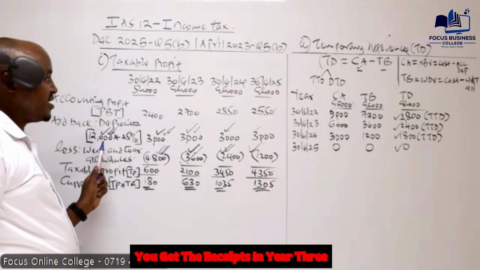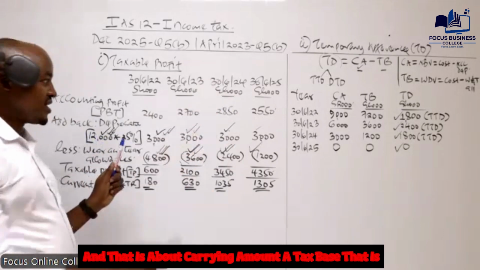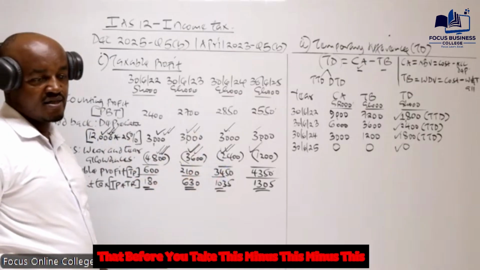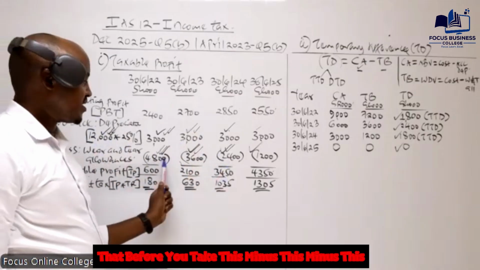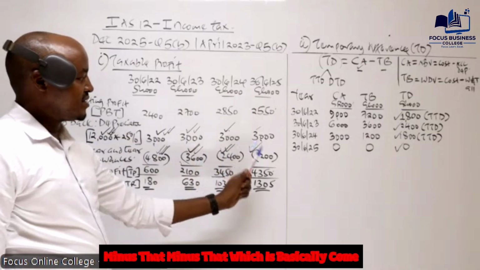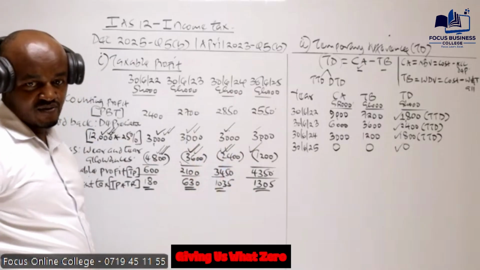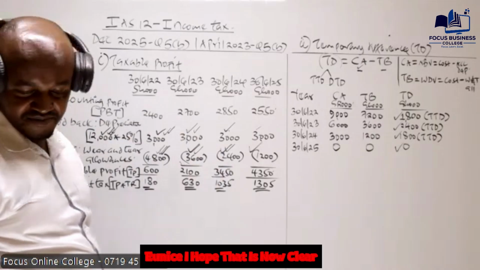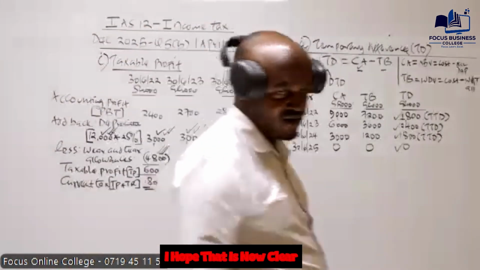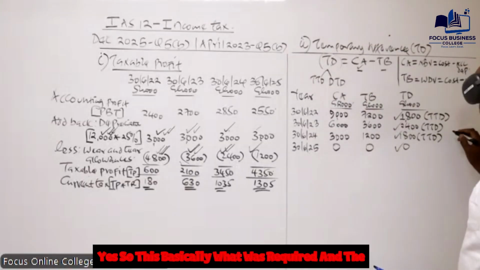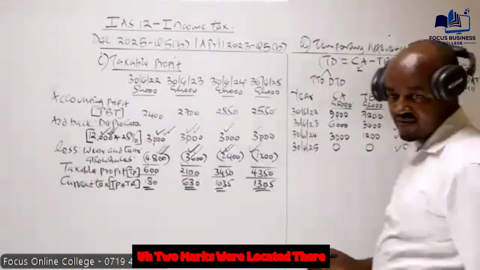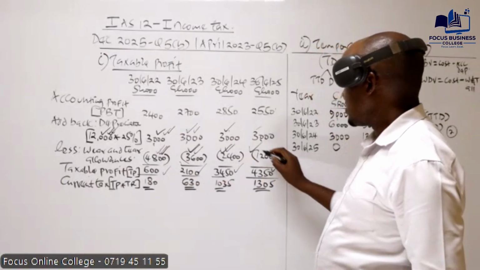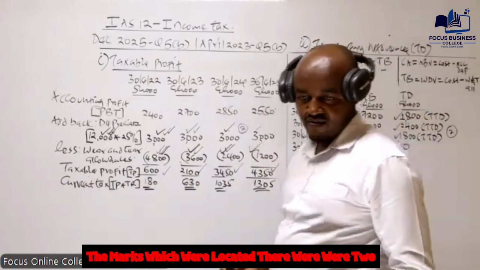In year 3, that is about carrying amount tax base, you take this minus that, minus that. Year 4, you take this minus this, minus that, which is basically giving us 0 units. I hope that is now clear. Yes, so this is basically what was required, and the 2 marks were located there.